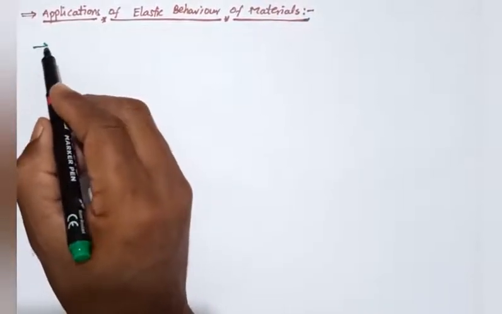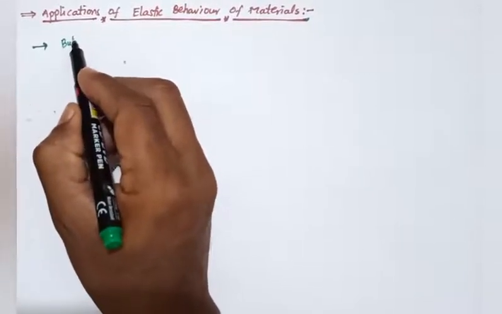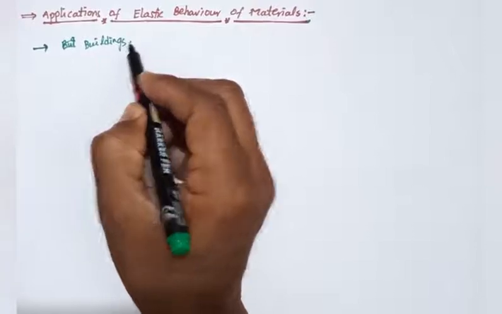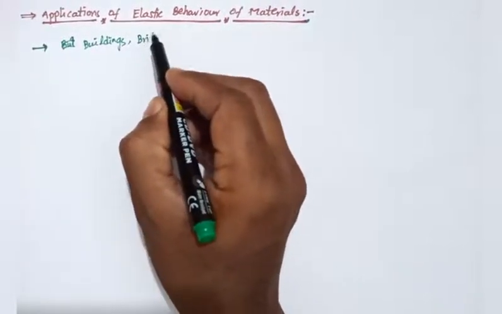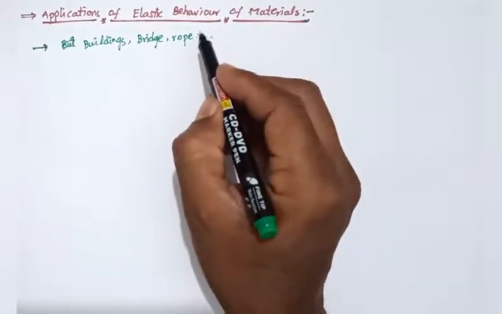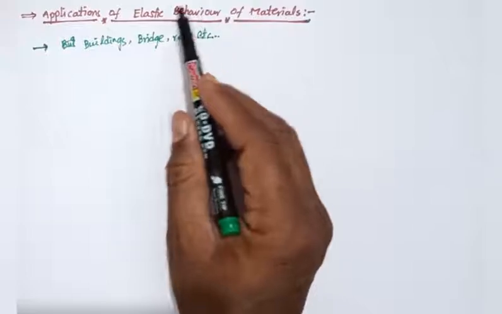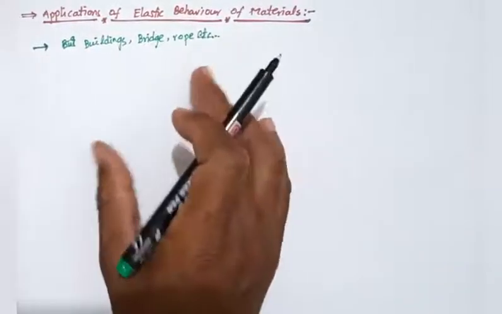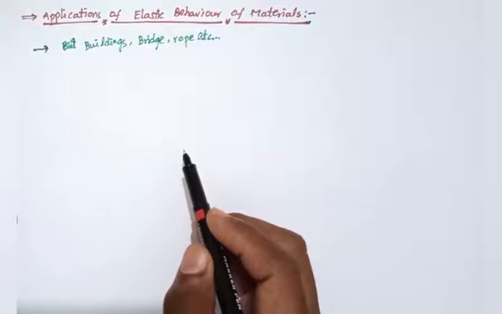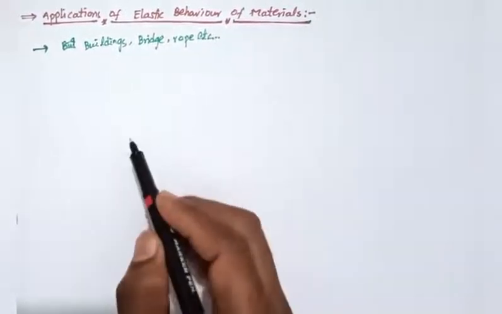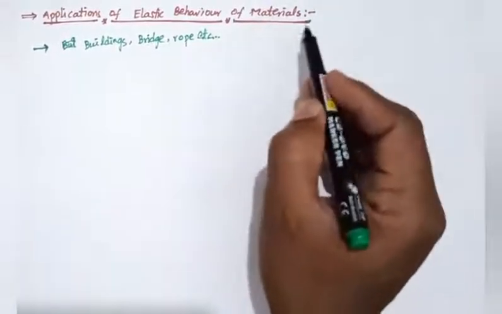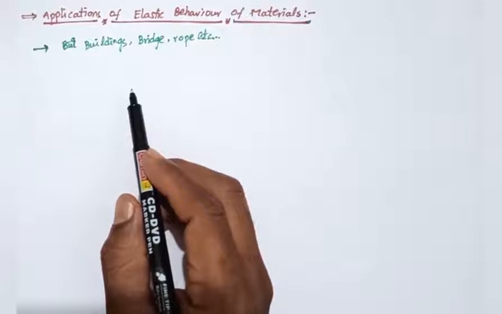So we can use this elastic behavior in the construction of buildings, bridges, ropes, pillars, etc. The materials used are metals such as steel, copper, and aluminum. These materials are used within the elastic limit.